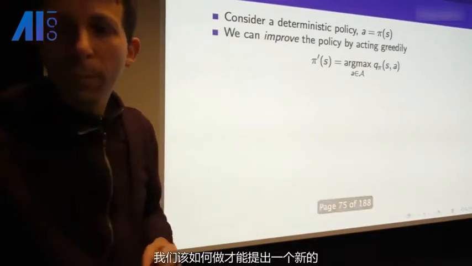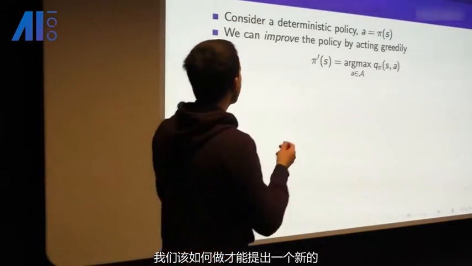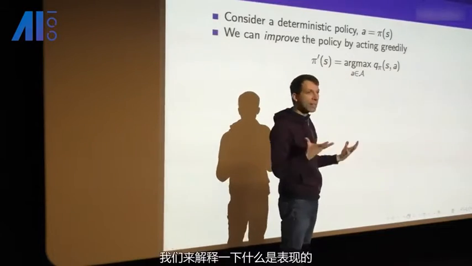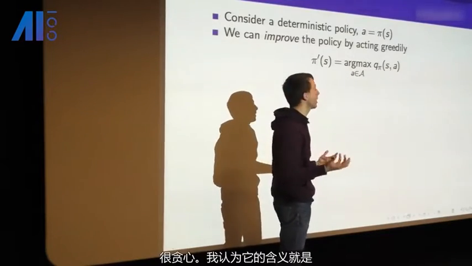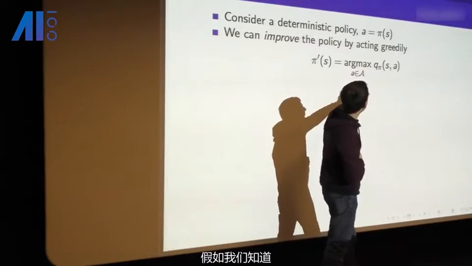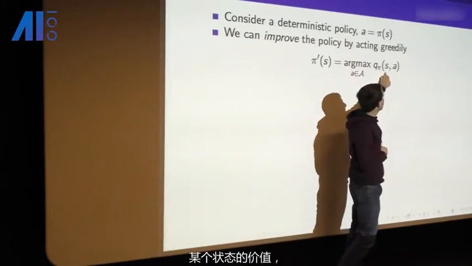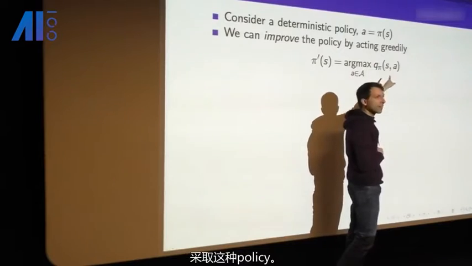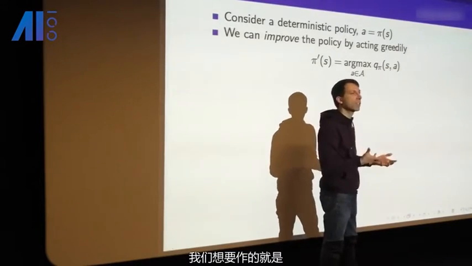And so how do we come up with our new policy? We come up with a new policy by acting greedily. Now let's define what that means. Acting greedily means that we look at the value of being in a state and taking a particular action, and then following your policy after that. That's precisely the action value.